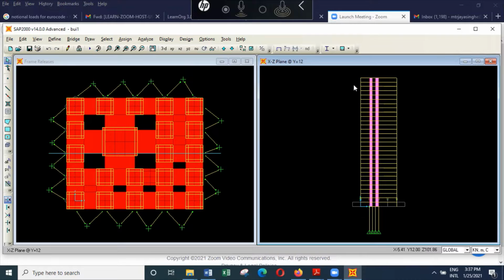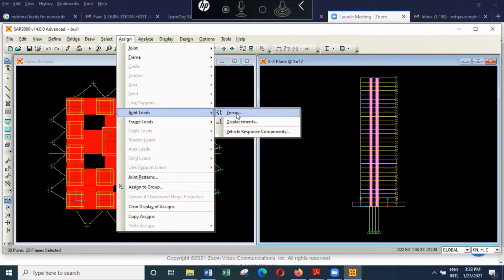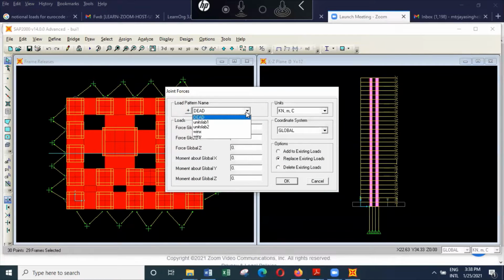So you get 43.2. So I select all these nodes, then assign joint load forces, wind in x direction, and I'll say in global x direction minus 43.2.